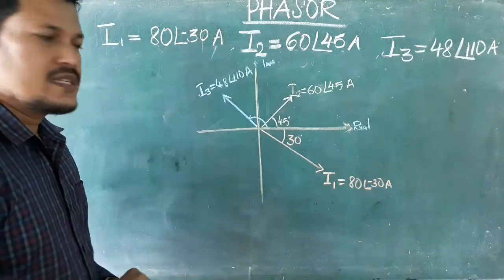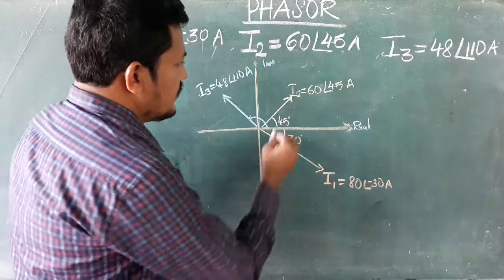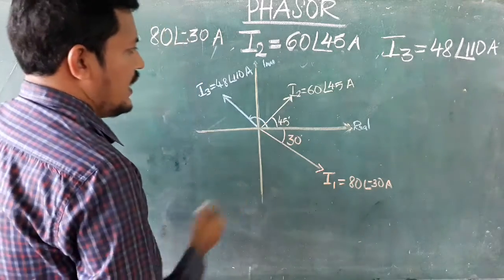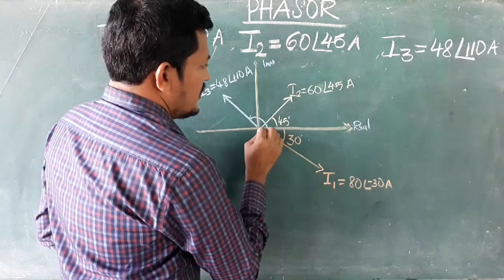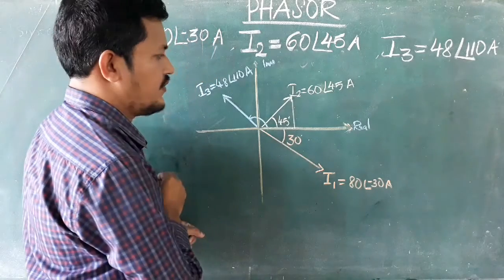So earlier we discussed the Pythagoras formula. So it is very easy. For this, suppose I am taking first I2. Clear. For I2, this is the I2. How much x component and how much y component can we find out?